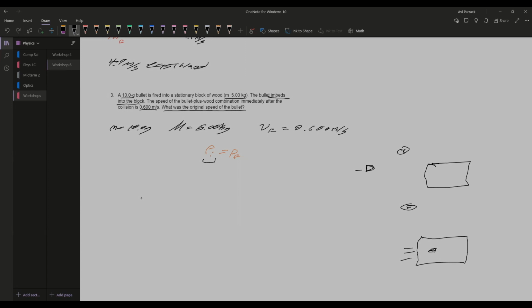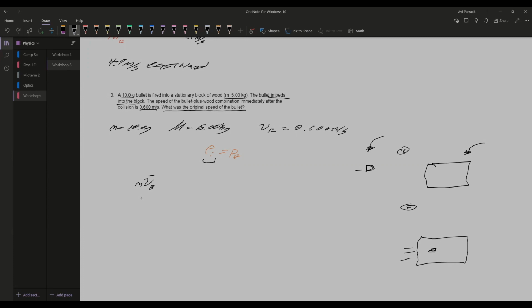In the initial frame, there are 2 objects, right? We've got the block of wood, and it has some momentum associated with it. And there's the bullet, and it has some momentum associated with it. So let's break that down. We have little m as the bullet, and the speed of the bullet, let's say vB for v bullet.